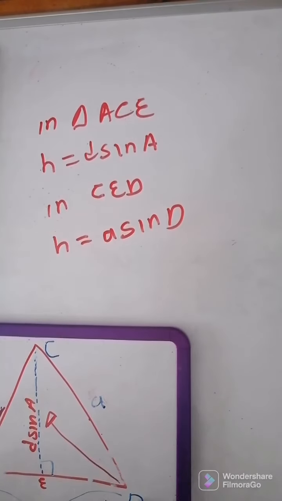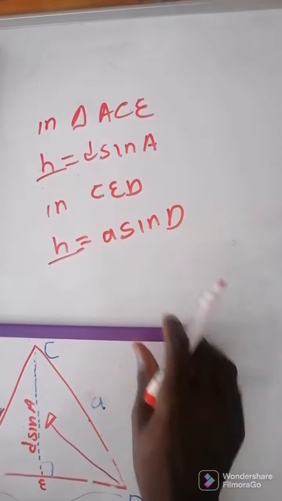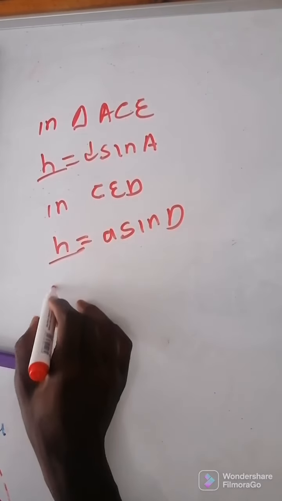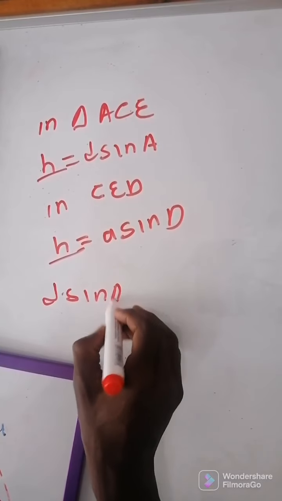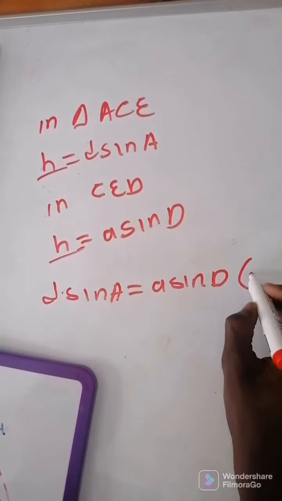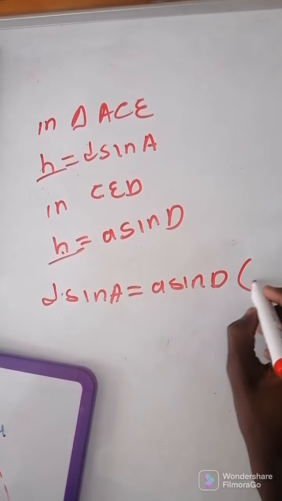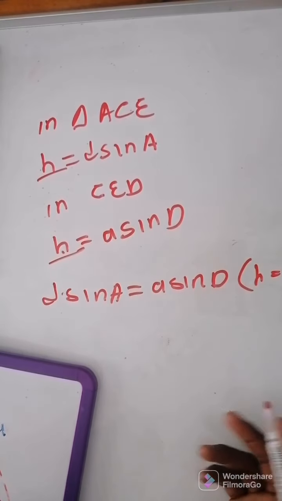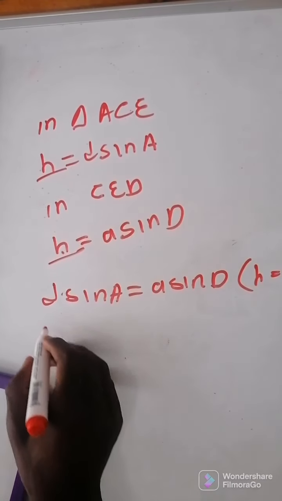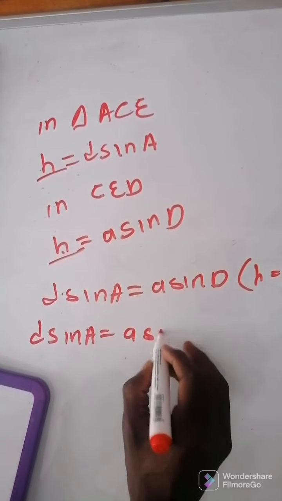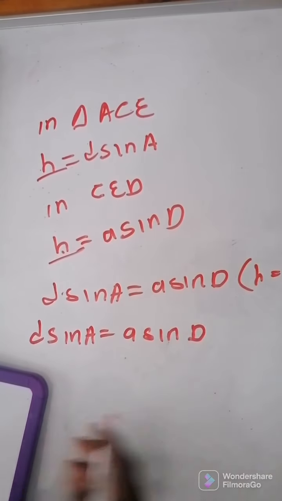And if I check, guys, H equals H, right? So we can conclude that d sin A equals a sin d. The reason is that H is the height, the same H in both triangles, right? So we have d sin A equals a sin d, right?